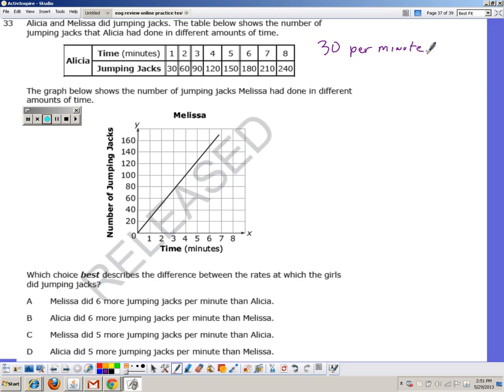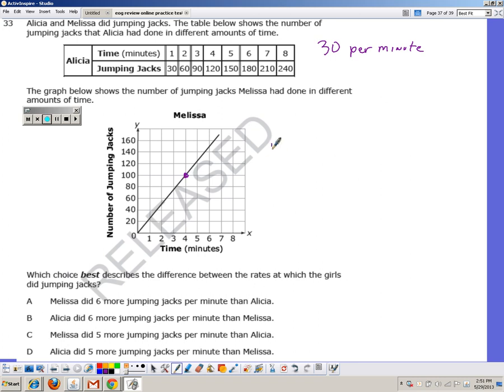Now, if you look at Melissa's, again, hers is constant. So if you find a point on her graph, you can figure out how many she did per minute. The only one that's perfectly at a corner of a point is 4, 100.